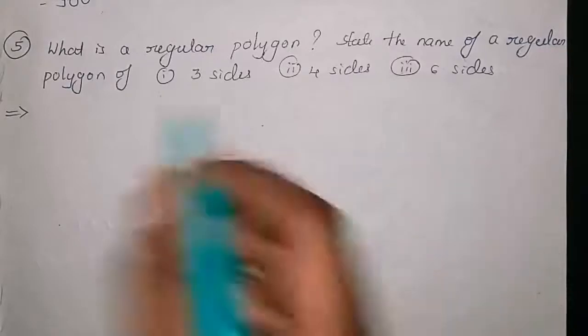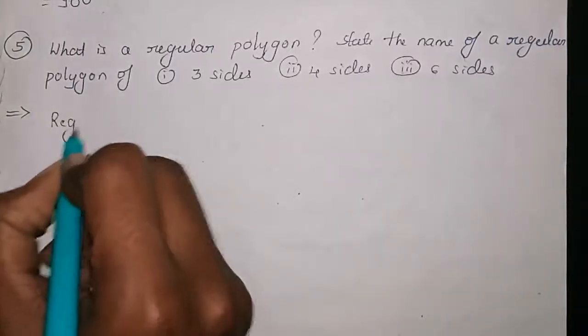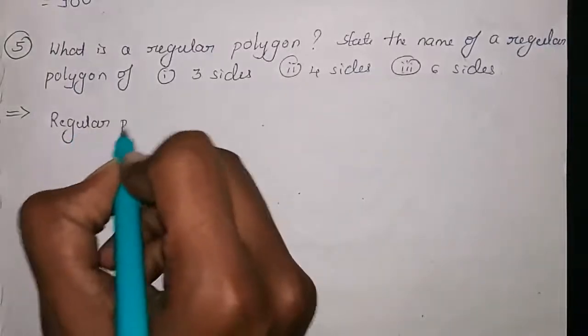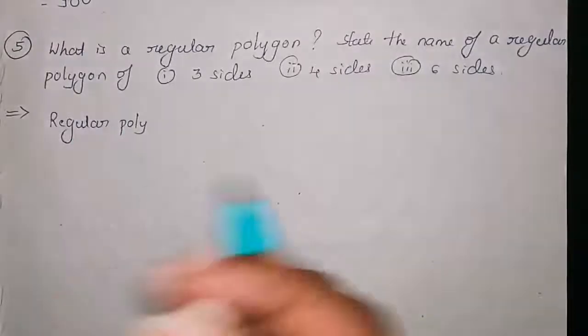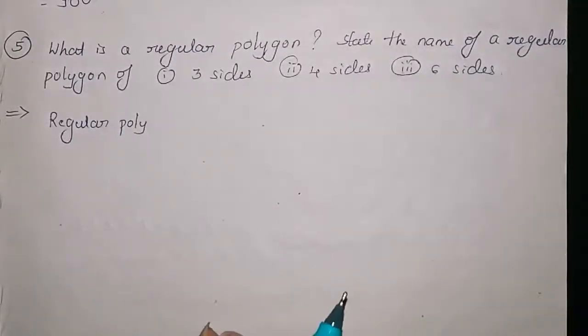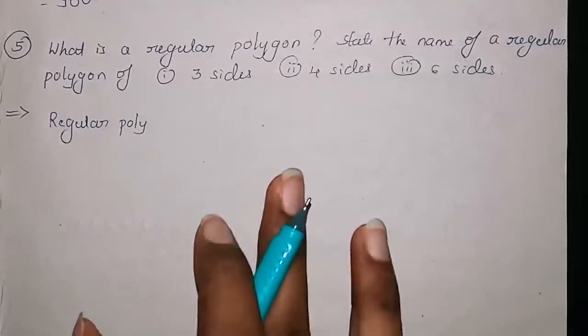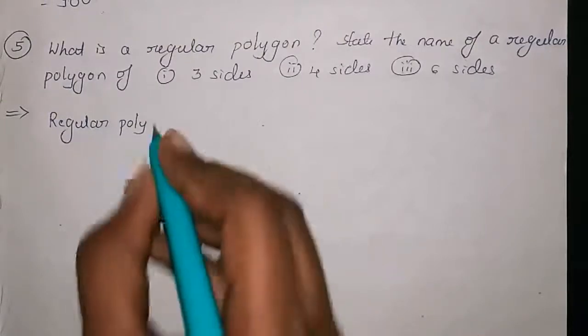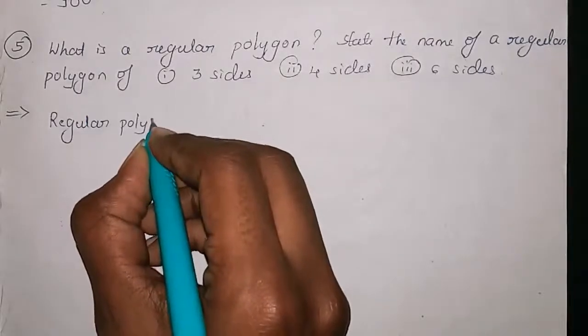So first we will write what you mean by a regular polygon. As you know, regular polygons are those which have all the sides equal to each other and all angles equal to each other. So just write it down.